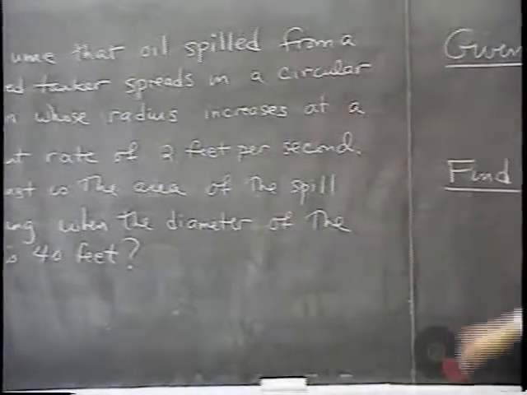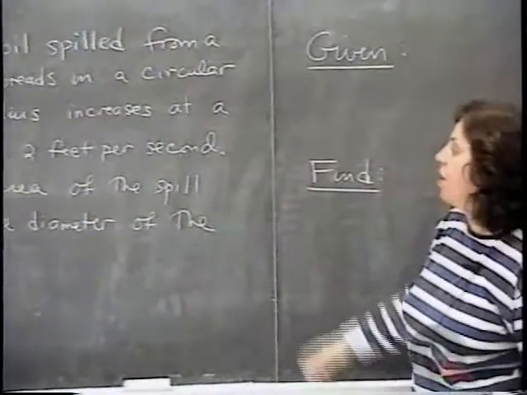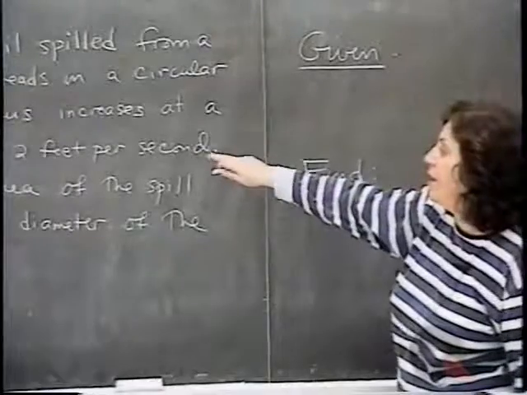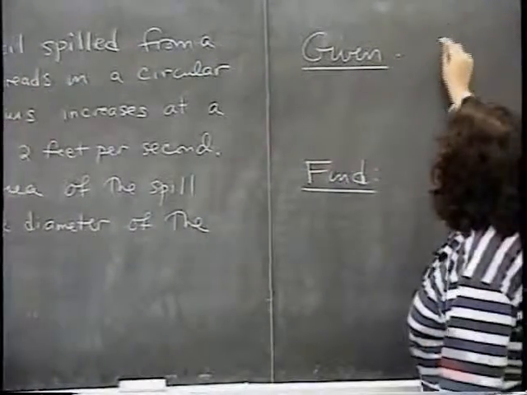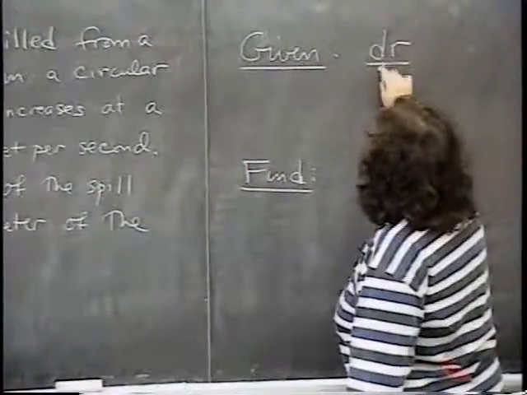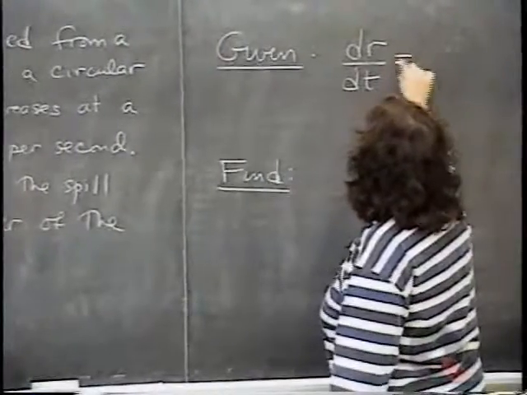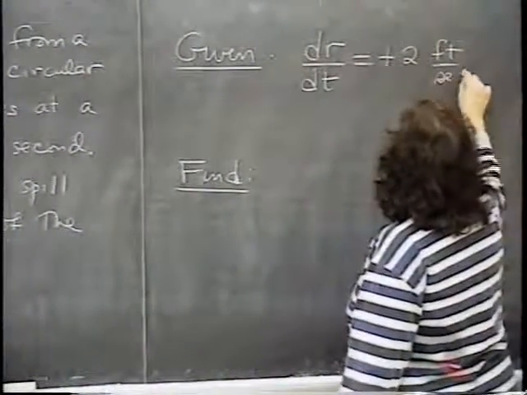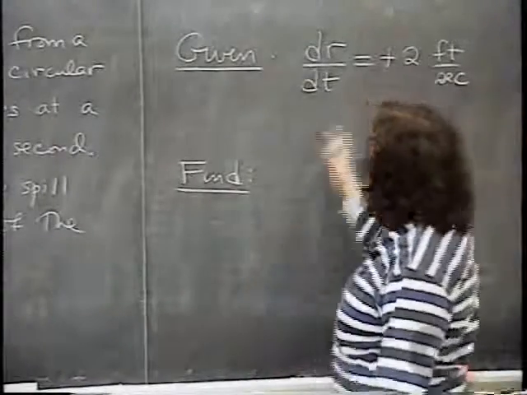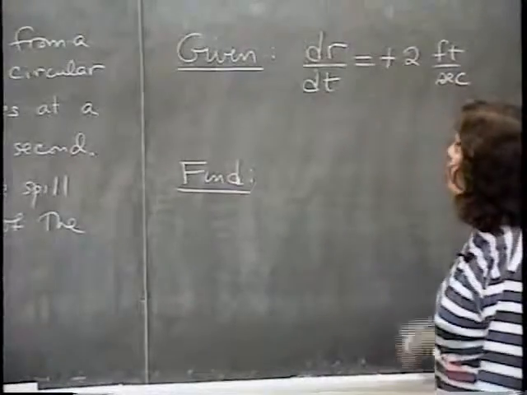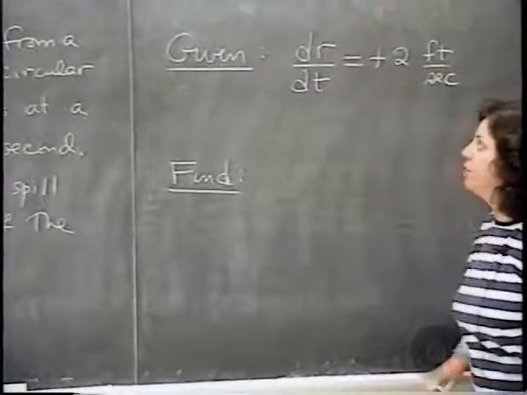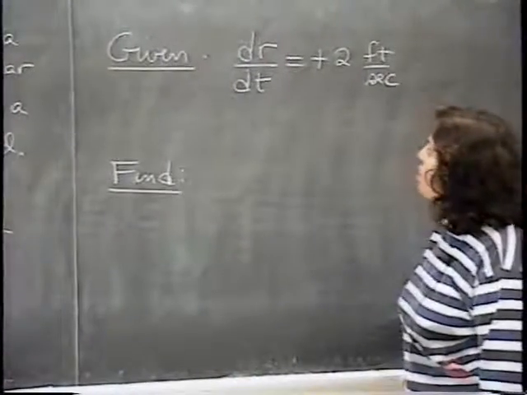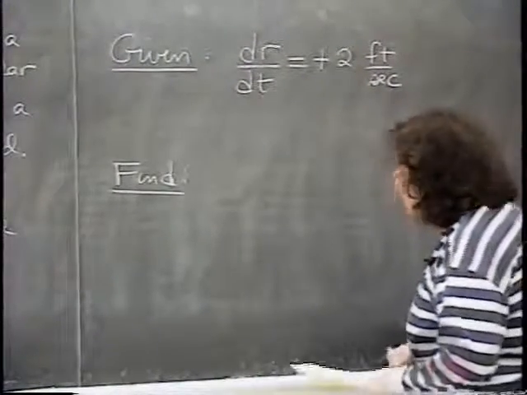So the rate of change of the radius with respect to time, dr/dt, is plus 2 feet per second, because the radius is increasing. If the radius were decreasing, we'd have a minus in front. But since the radius is increasing, dr/dt is plus 2 feet per second.